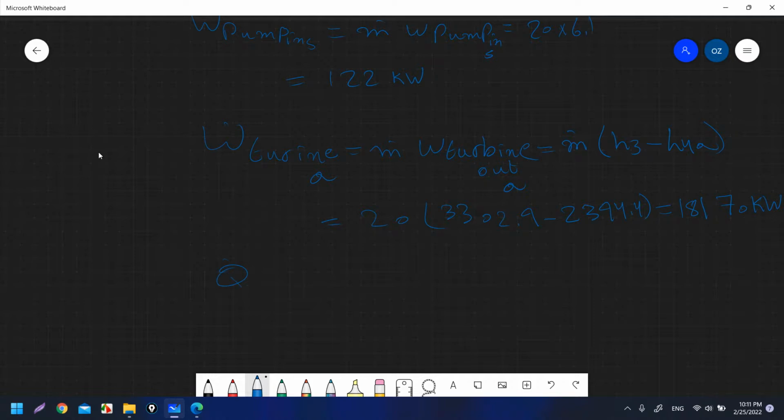Let's calculate also Q dot out. We will not lose anything. Q dot out actual, but of course in the exam, choose one and continue, you will not have the whole time. Q dot out actual is equal to m dot Q out actual, 20 times H4A minus H1. Q out also is actual because it contains state 4, which is the actual state.